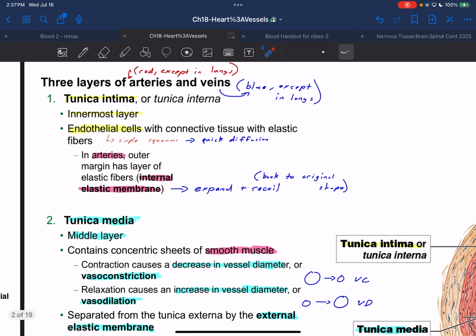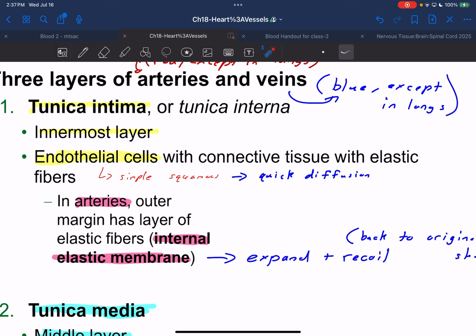And this tunica intima is going to have something called an internal elastic membrane, and this membrane helps with expansion. Remember I said that these arteries can expand or they can retract into a smaller size. They can stretch because they have elastic protein fibers, the same ones that make up the ear.